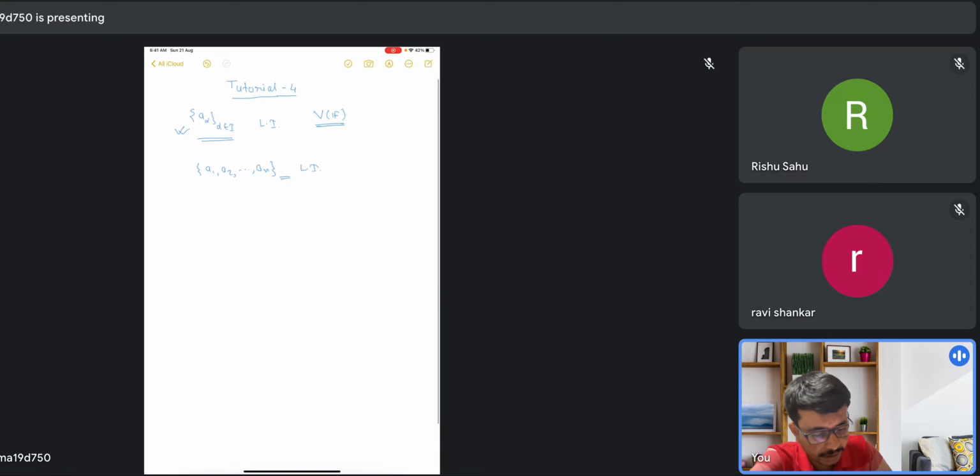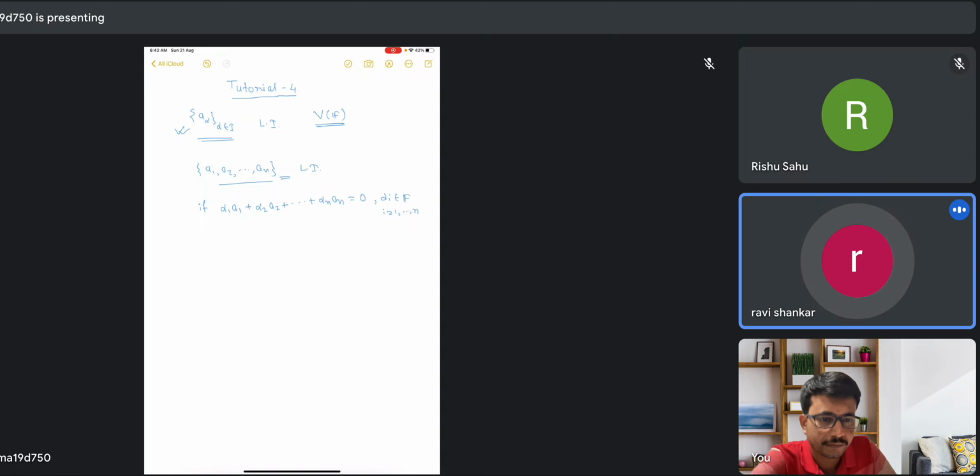Yeah, we will say that this collection is linearly independent if alpha 1 a1 plus alpha 2 a2 up to alpha n an equals 0, where alpha i belongs to the field, i equal to 1 up to n, and all alpha are what? Coefficients.